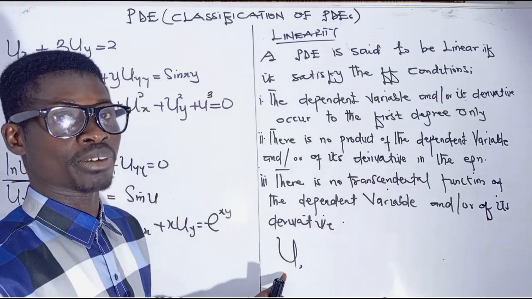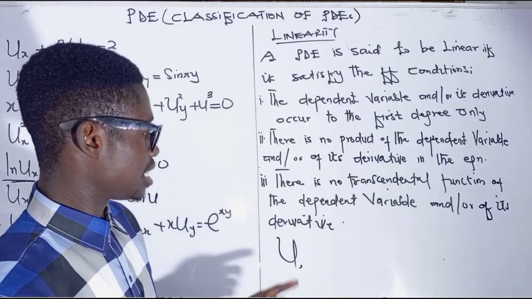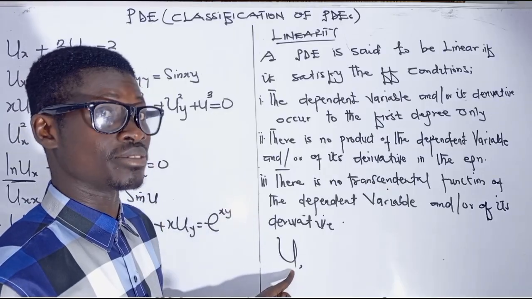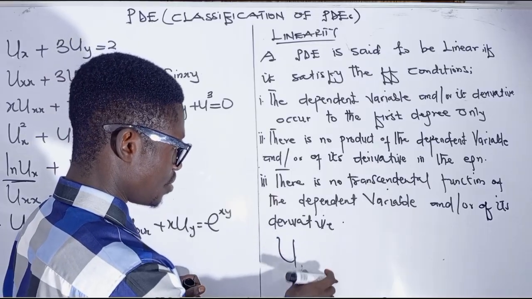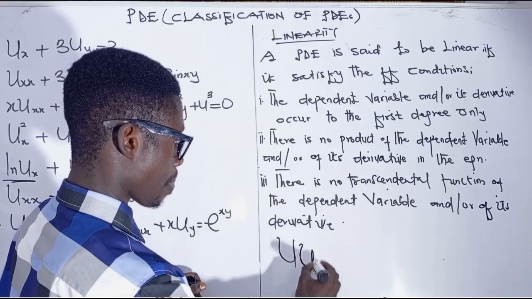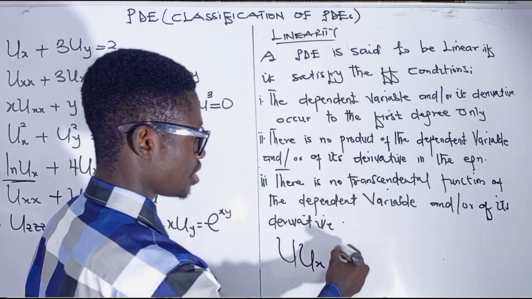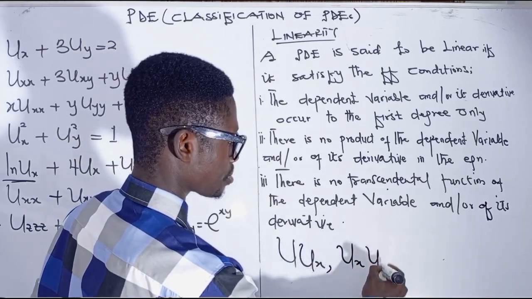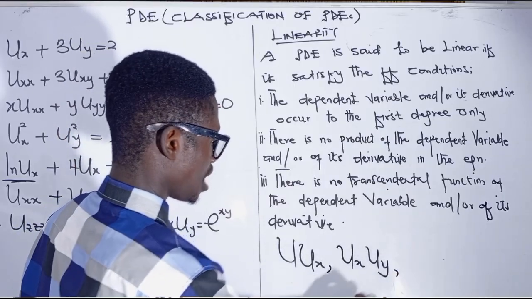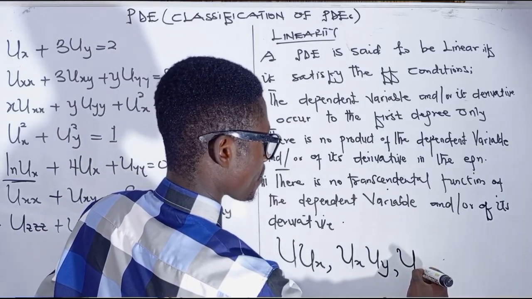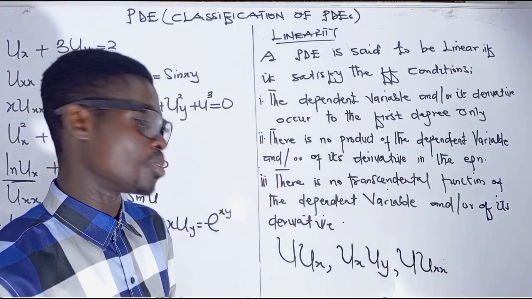So these are the dependent variable. We should not have a product, a multiplication, of the dependent variable and or its derivative in the equation. So within the equation, we shouldn't have something of this form, the dependent variable and then its derivative. We shouldn't have something of this form, the product of the derivatives.